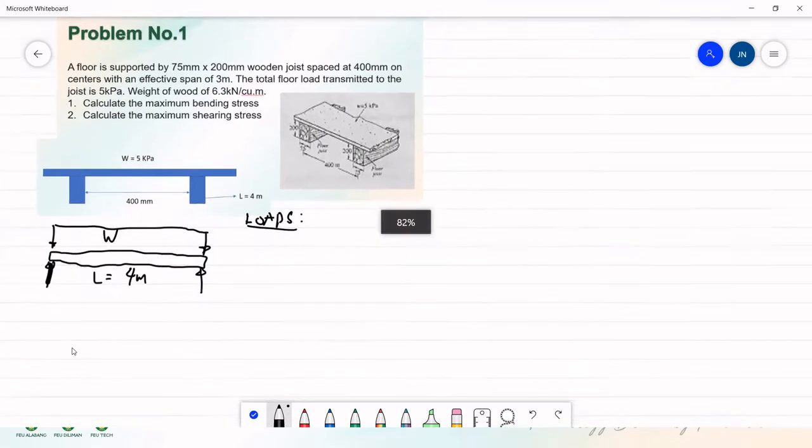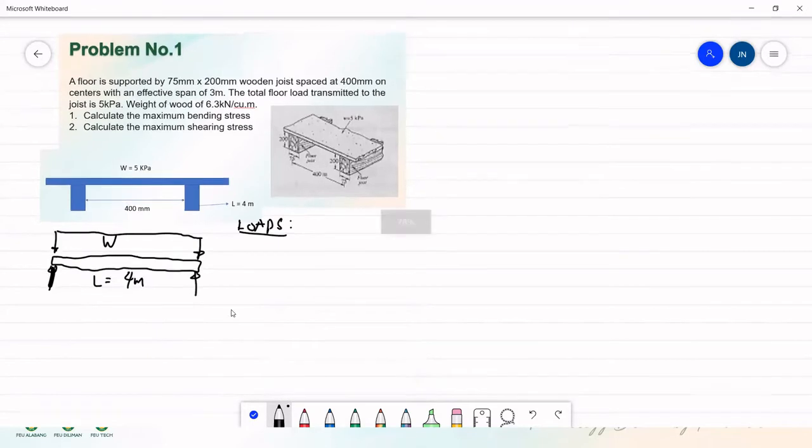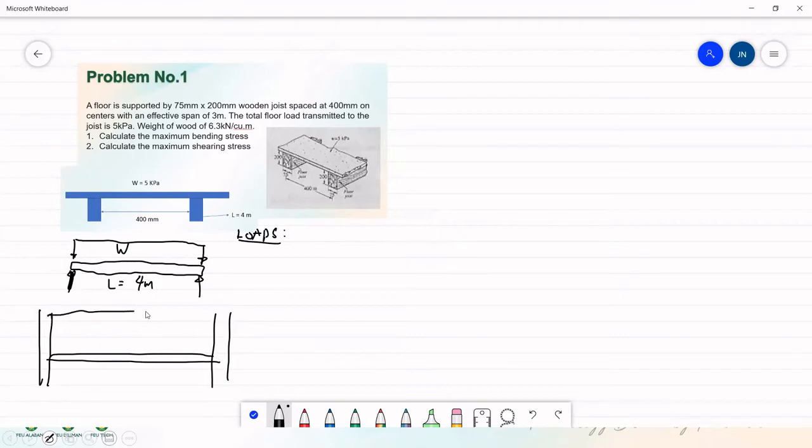If I'm going to draw here, looking at the top, this is the beam. This is the floor. This is the joist. The floor joist rests on the beam. This is also a floor joist.